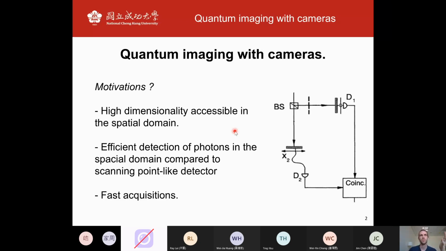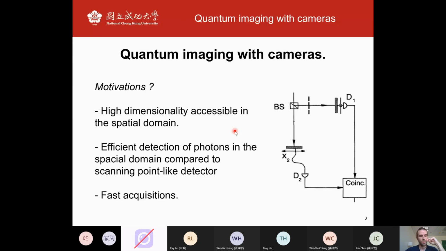And for some of the schemes, especially in metrology, the efficiency is really important. When you want to improve the sensitivity of an imaging scheme, for example, then the efficiency really matters. I'm talking about the heralding efficiency. So if you detect one photon, what is the probability that you've detected the other photon?